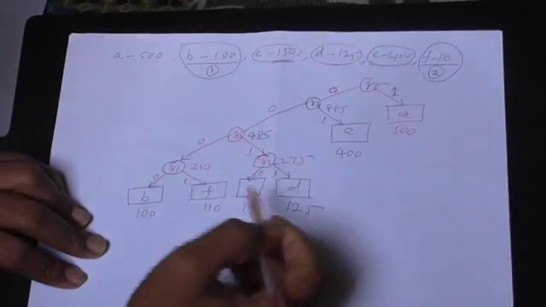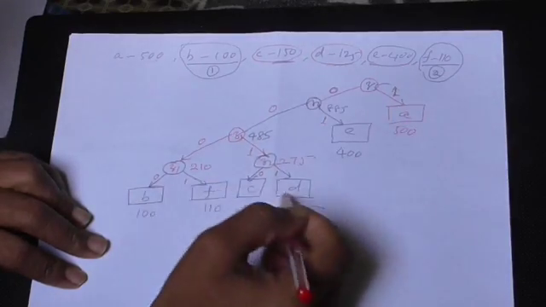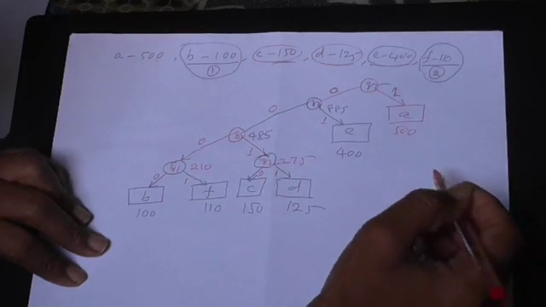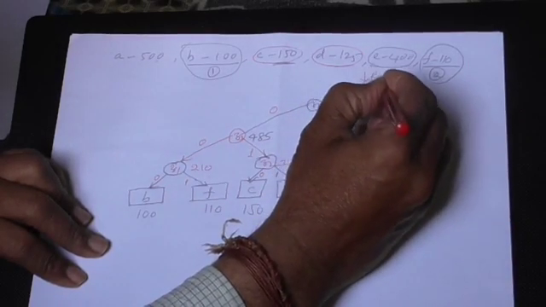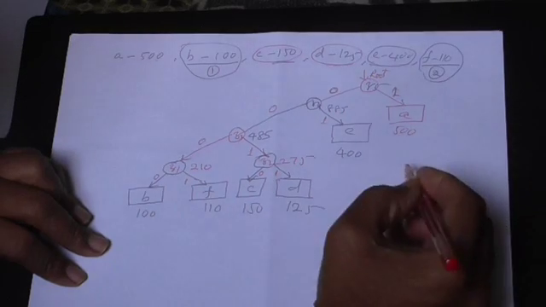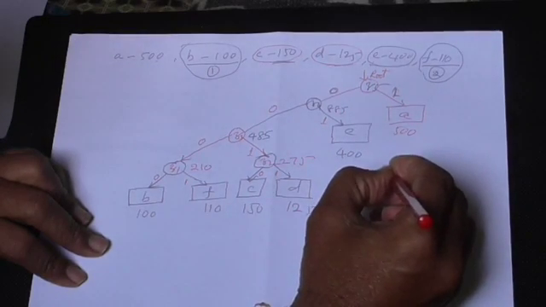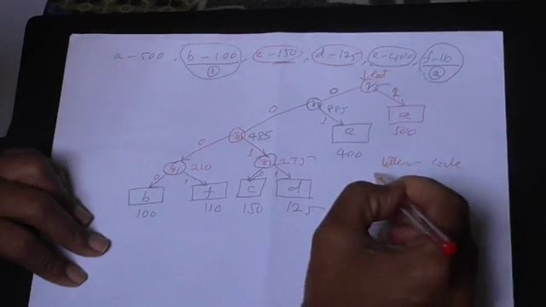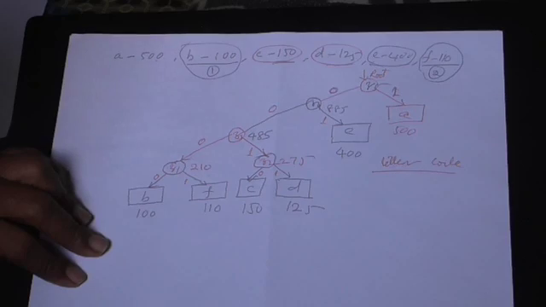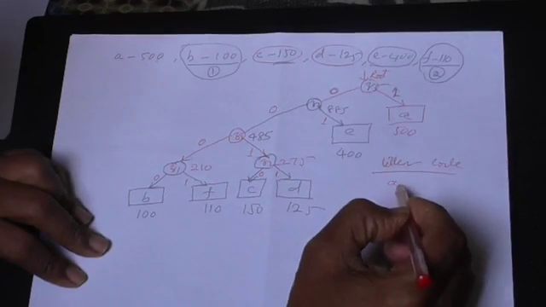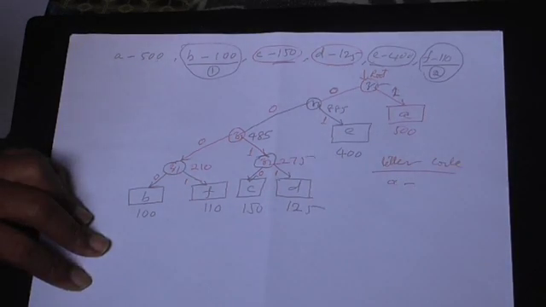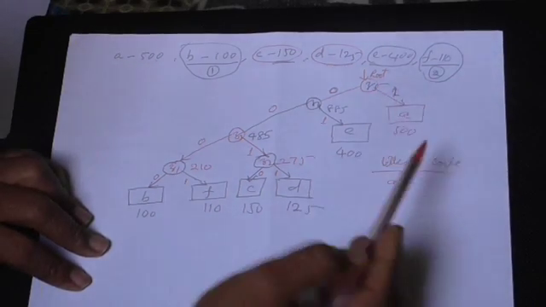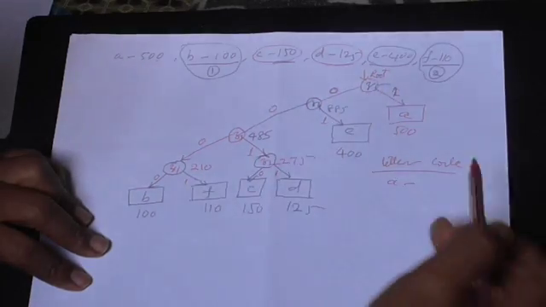Now if you observe this, all these letters are appearing as external nodes. This is our root. If you observe the codes, I write here letter and the code. Going by this, for A you have only one bit, that is 1.